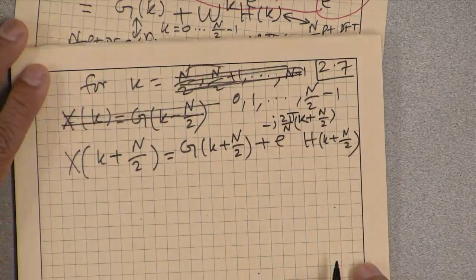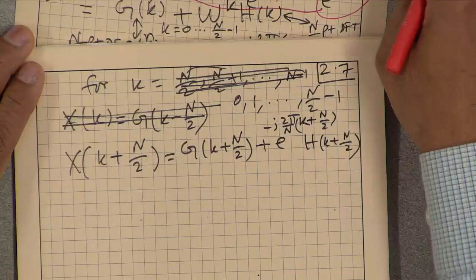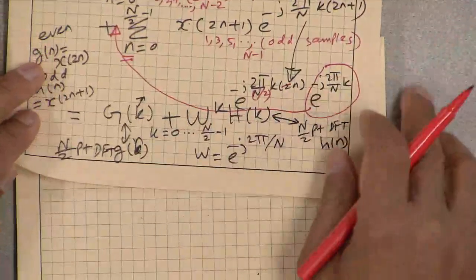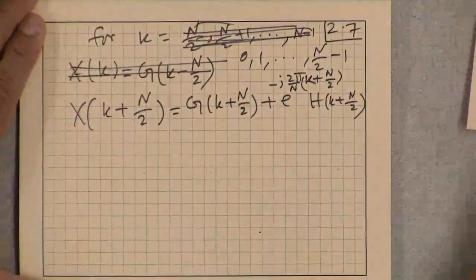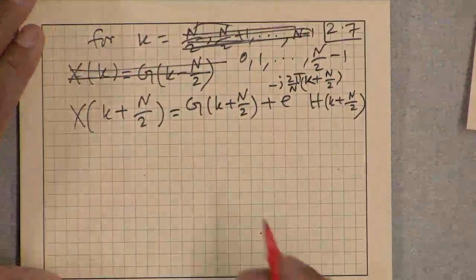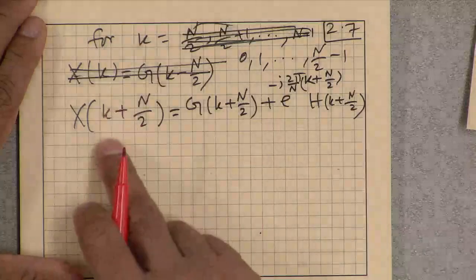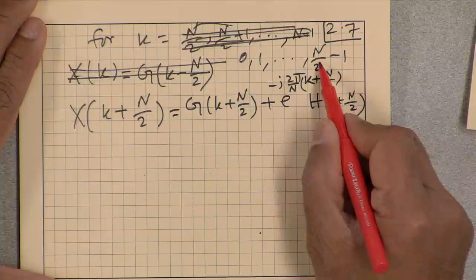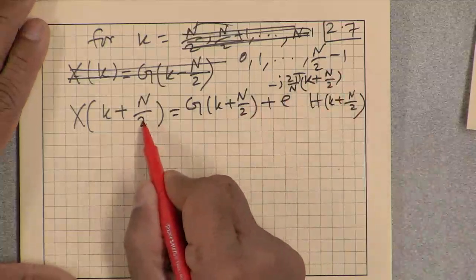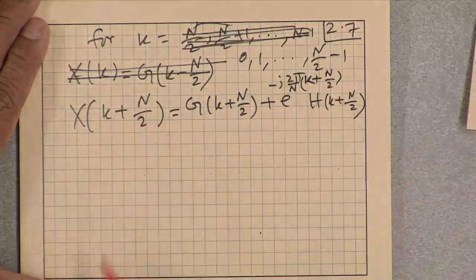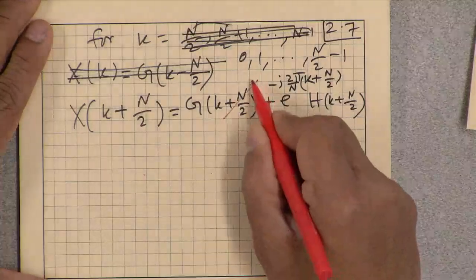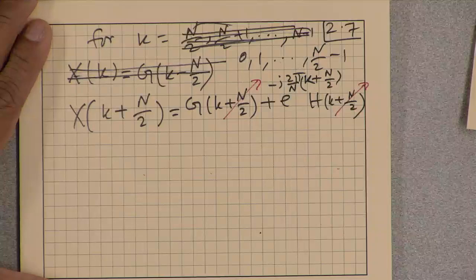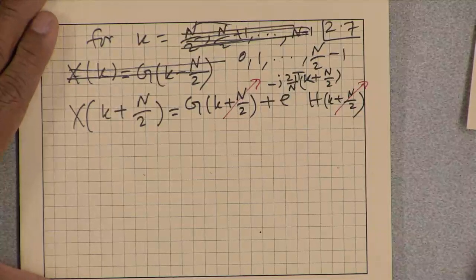Okay, so from the same equation that we had, we are only substituting. If k is equal to 0, then I get x of n by 2. And if k is n by 2 minus 1, I get n by 2 plus n by 2 minus 1, which is n minus 1. Now because of the periodicity of g and h, g of k plus n by 2 is the same as gk.